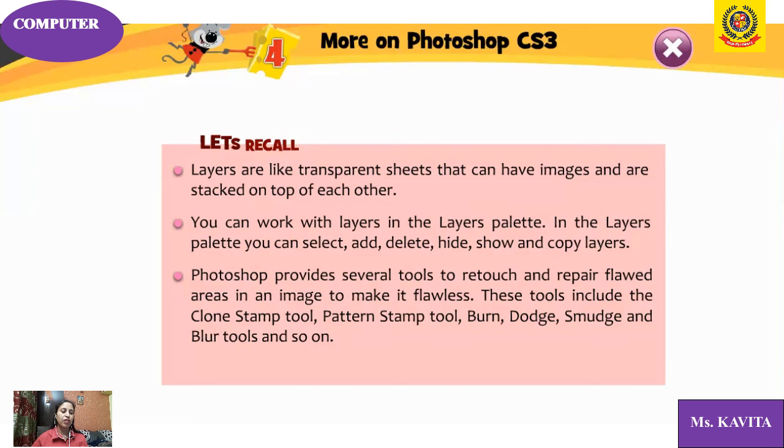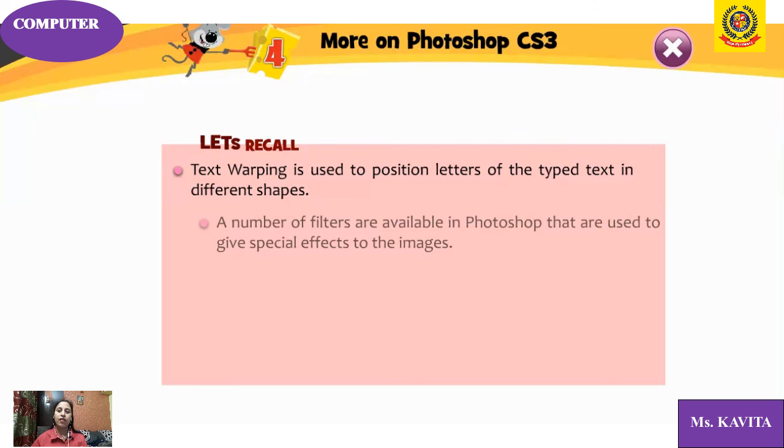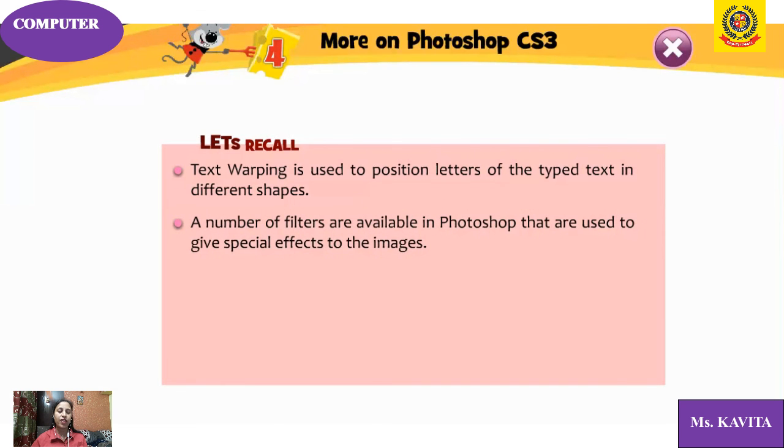These tools include the Clone Stamp tool, Pattern Stamp tool, Burn tool, Dodge tool, Smudge tool and Blur tool. The Type tool is used to type text. Text wrapping is used to position the letters of the typed text in different shapes. A number of filters are available in Photoshop that are used to give special effects to images.